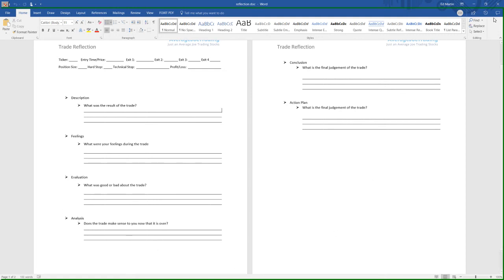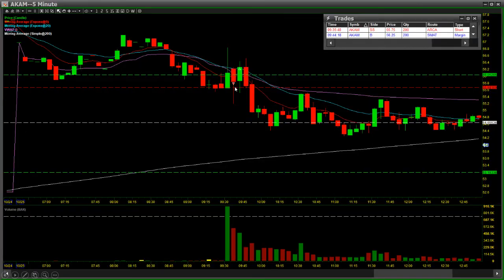As I look at this trade and I take it, did it make sense what I did? Absolutely not. It made no sense because this is no strategy. I really don't know what the hell I'm doing. I'm just going to get in this trade anyway because I want to see it go down, and it seems to be going down.